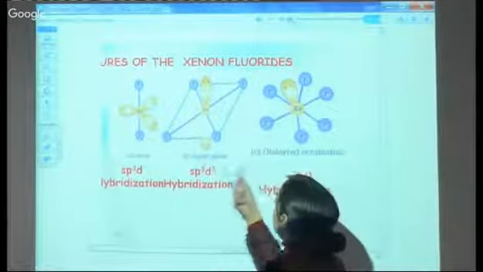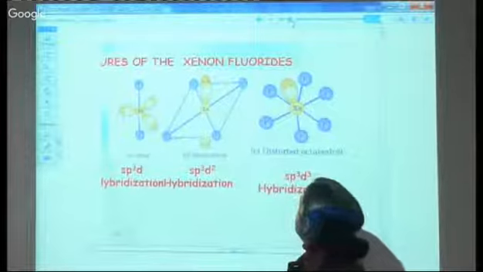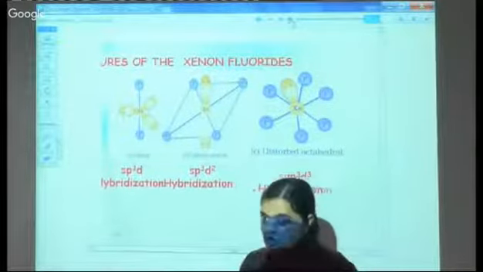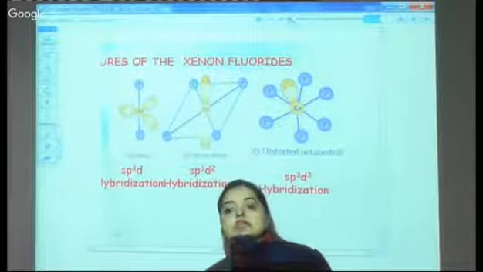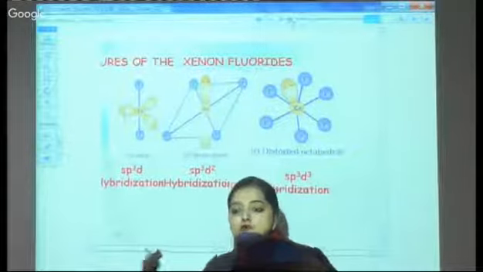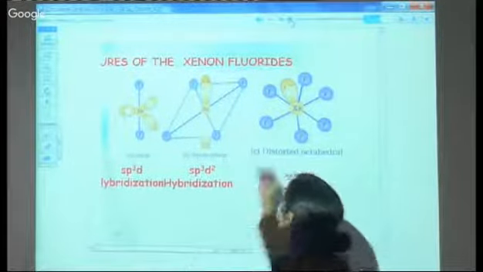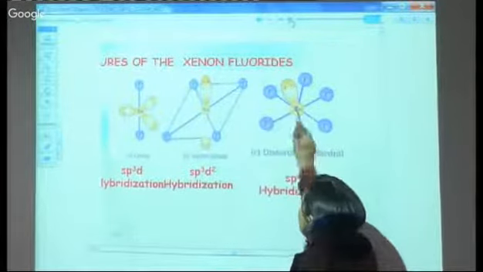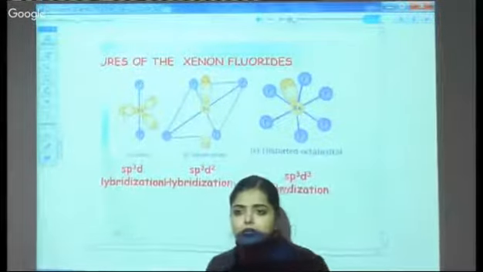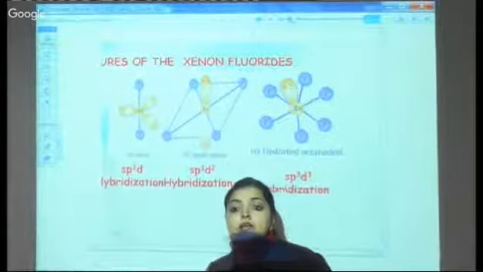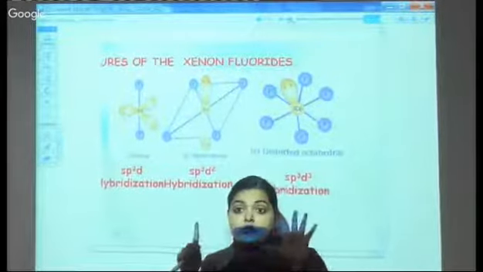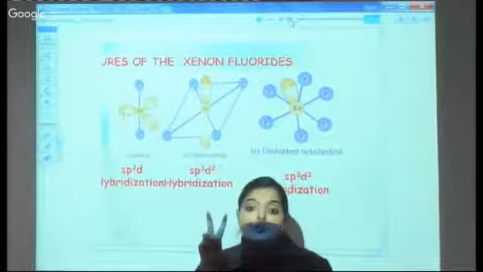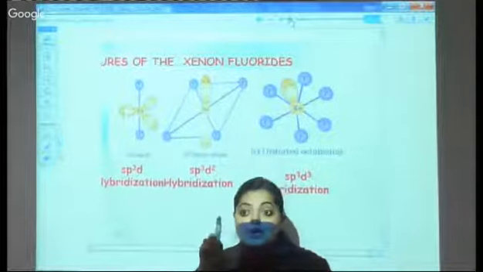Clear? Now the next one is XeF6. Though XeF6 is very easy to form, where the 4 planar fluorines are in the plane, one down and one above, forming an octahedral geometry. But accommodating 6 fluorine atoms leaves behind 2 electrons, forming one lone pair.